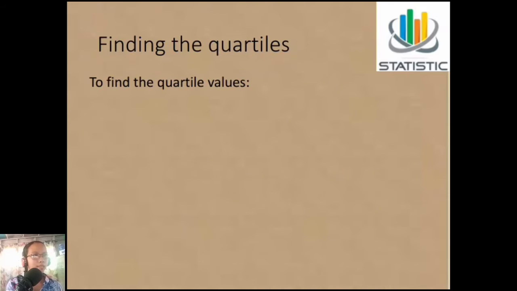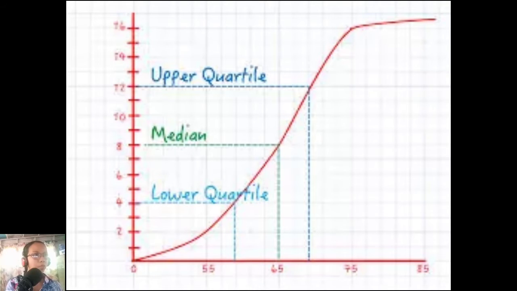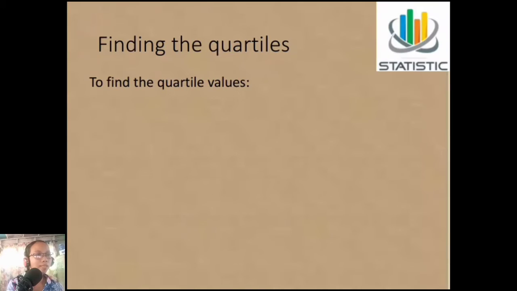Finding the quartiles. We can use a cumulative frequency graph to find quartiles using grouped data. But this is treated in the cumulative frequency topic. This topic looks at the case where you have a set of individual data values. So, to find the quartile values, first, put the data in order.